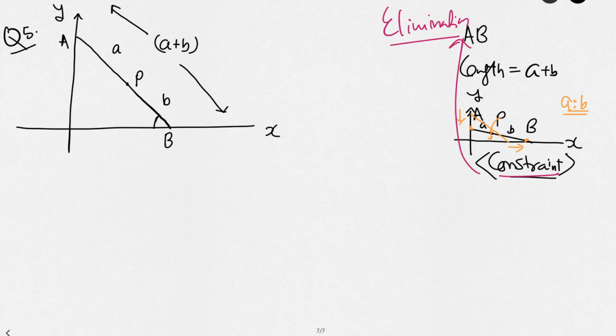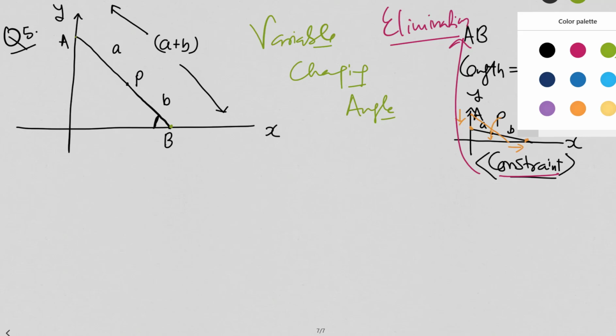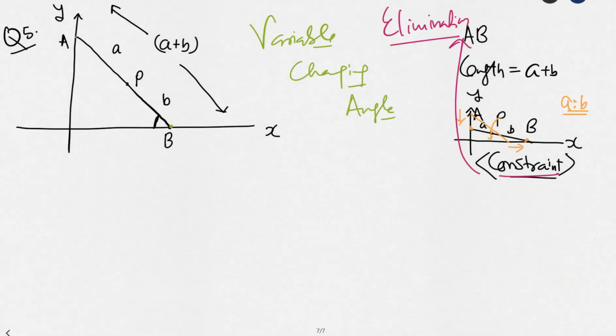Okay, so what we can do here: this thing is moving, right? So we can think of this angle also as one variable, because this is moving. Whatever is moving or changing, you can put those as variables. A variable is an unknown or changing quantity, whatever is changing, you have to put that. Like here, it could be an angle, or it could be the coordinates of A and B. So let's try to put these things first.